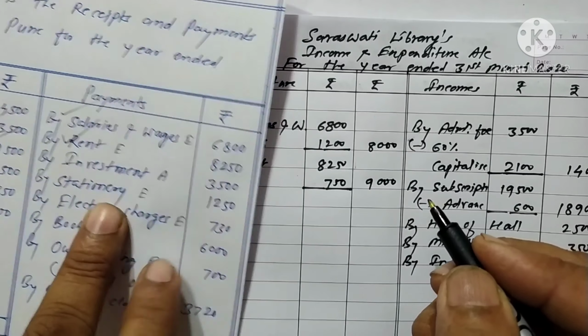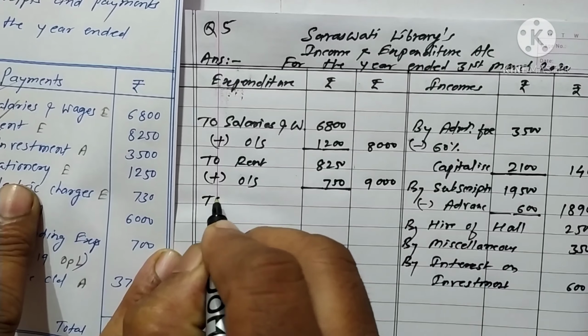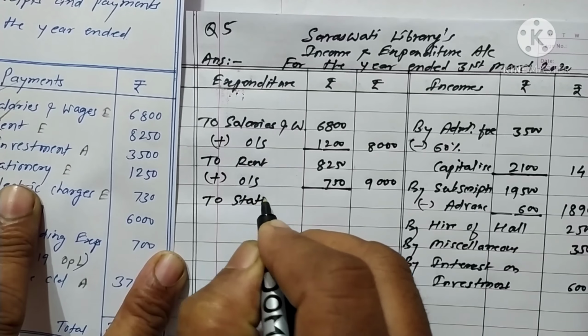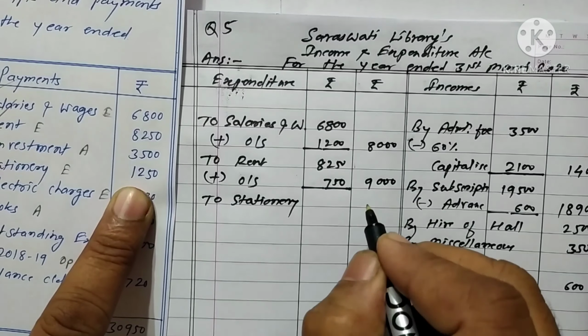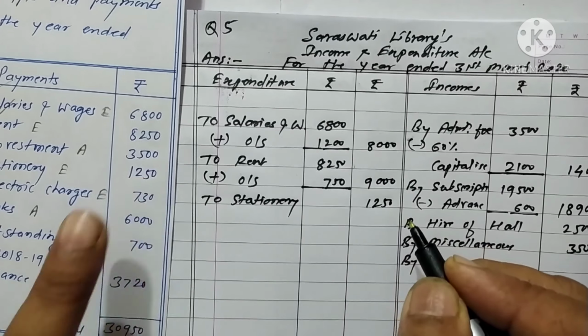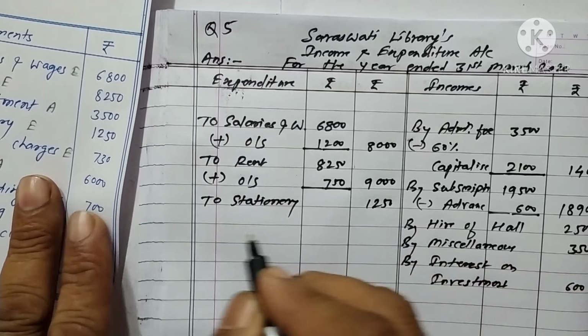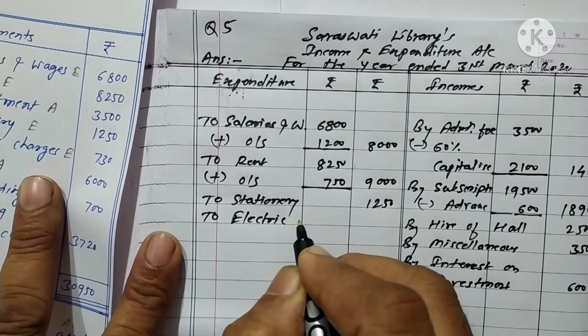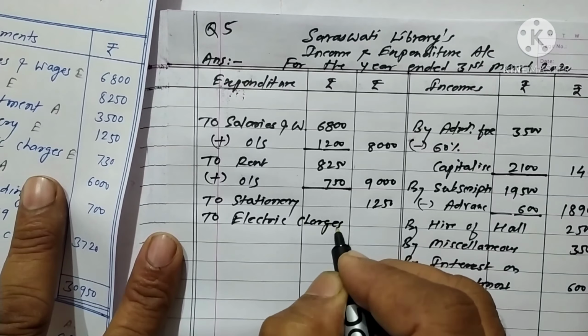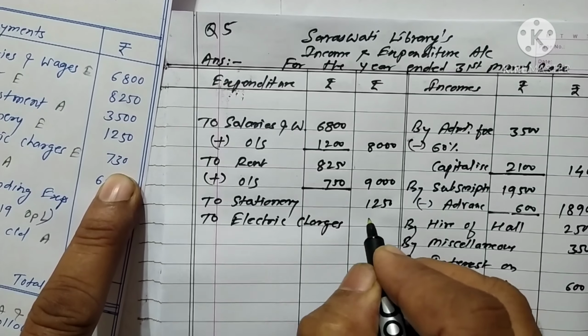Next is stationery. We write here, to stationery, rupees 1,250. Next is electric charges, rupees 730.